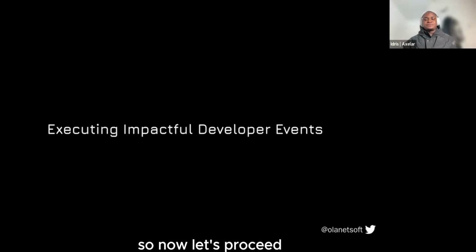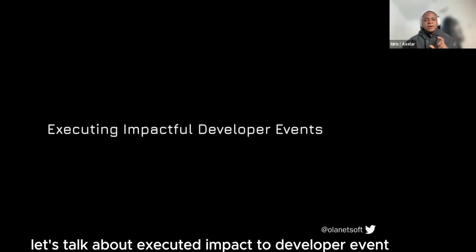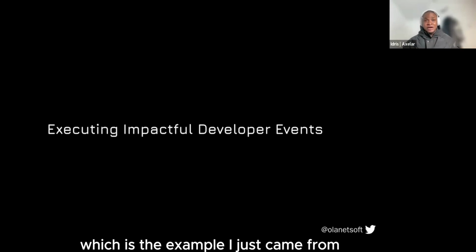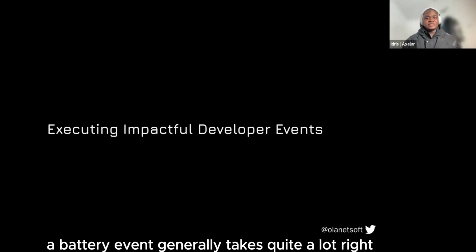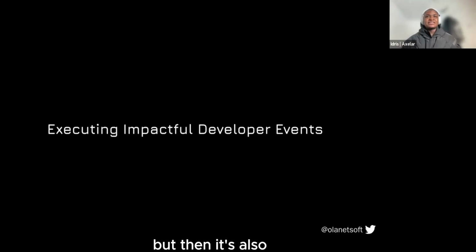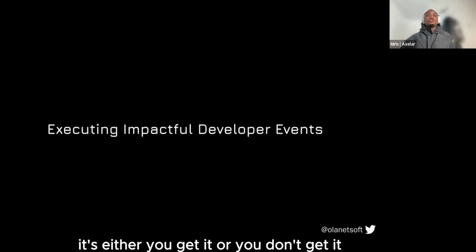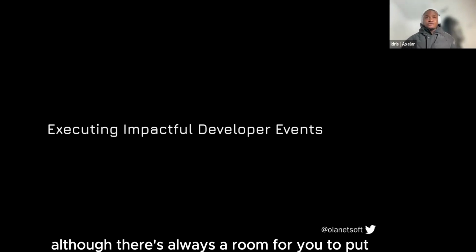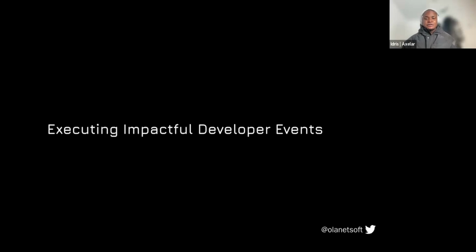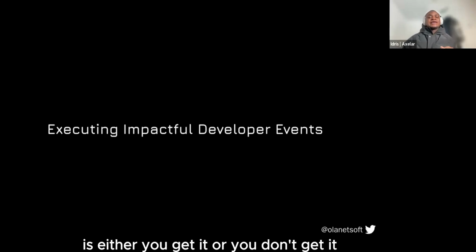So now let's proceed. We've talked about engaging developers effectively. Let's talk about executing impactful developer events, which is the example I just gave. Impactful events generally take quite a lot, but it's either you get it or you don't. Although there's always room to improve as an event organizer, it still falls under that.